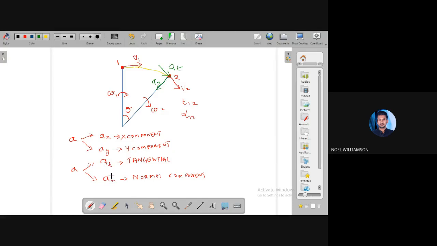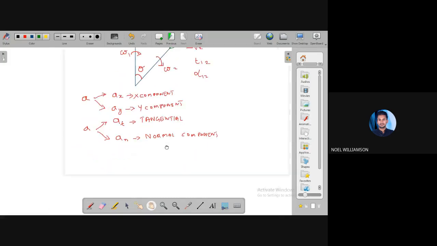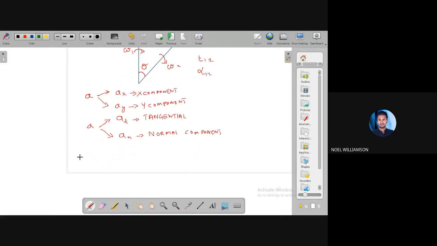So what are the values? I am not going into the derivations. We need only the relations, so I will give you the relations. The tangential acceleration, represented by at, is given by dv by dt, where v is the linear velocity at any point.